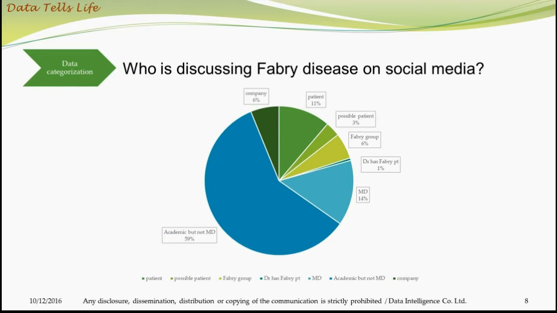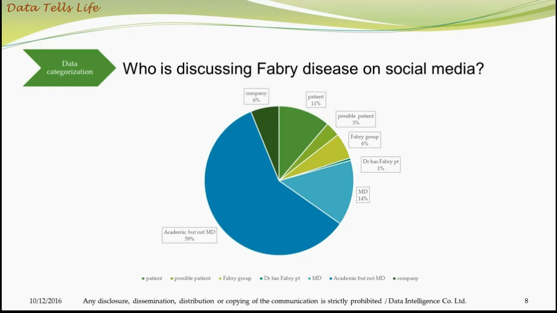For the data analysis, we don't stay only on the map and the daily statistical report. We want to understand who is talking about the disease on social media. From here, we can see academics have a strong interest in this disease. 59% of the posts are from academics, and for medical doctors, there are 15%.